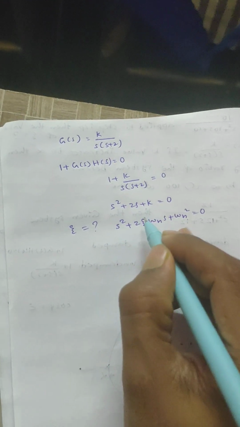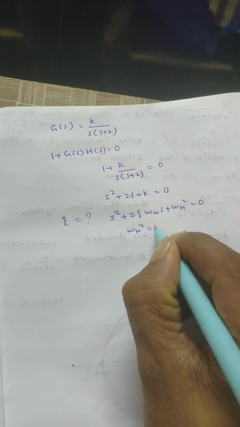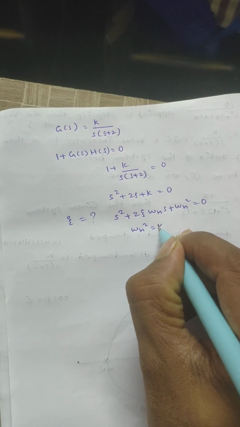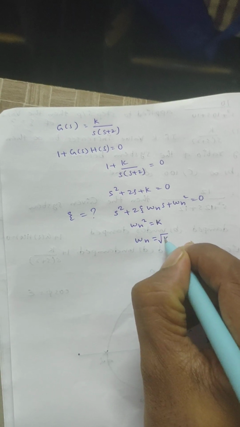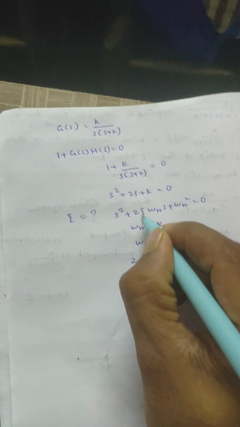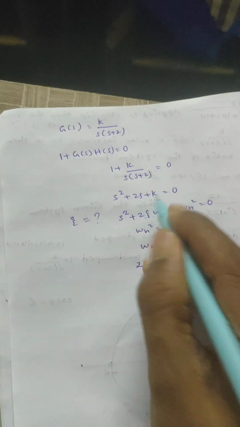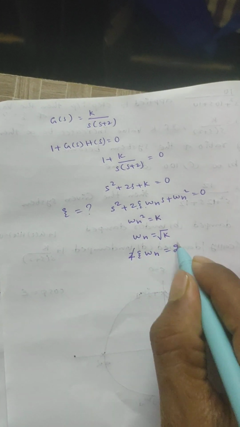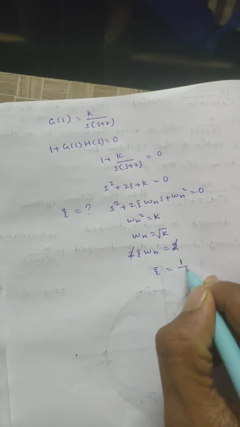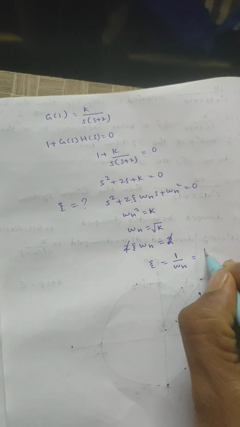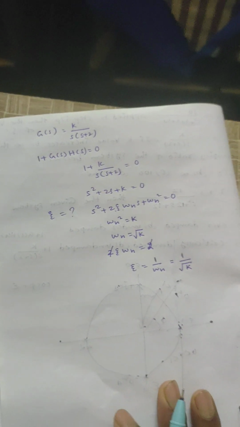From this standard equation, if I compare, omega n square is equal to k, then omega n is equal to root k. Next, from this standard equation, 2 zeta omega n is equal to 2, right? 2 and 2 will be cancelled. Then zeta is equal to 1 by omega n, right? We already know the omega n value, omega n is root k, so zeta is 1 by root k.